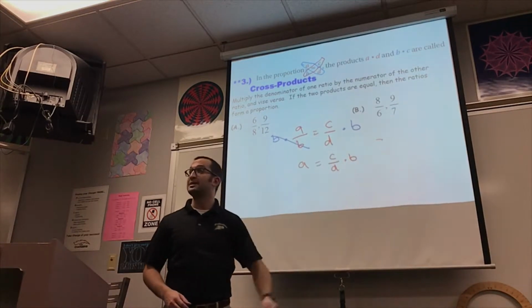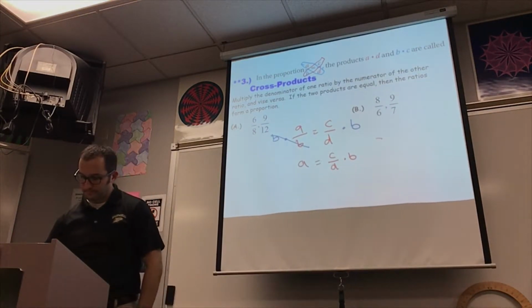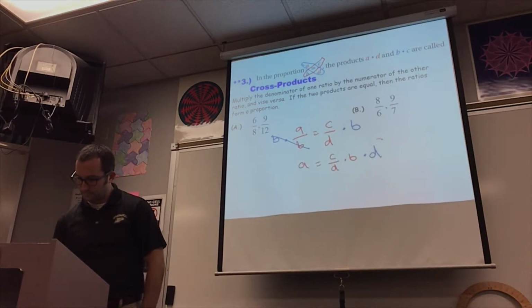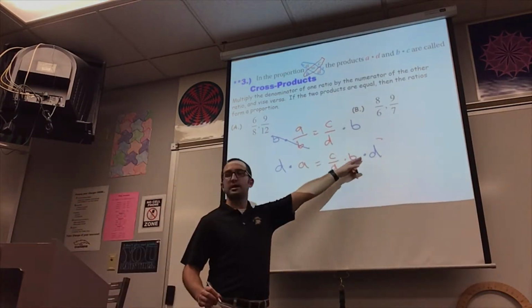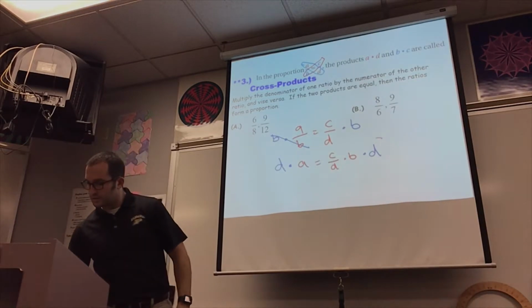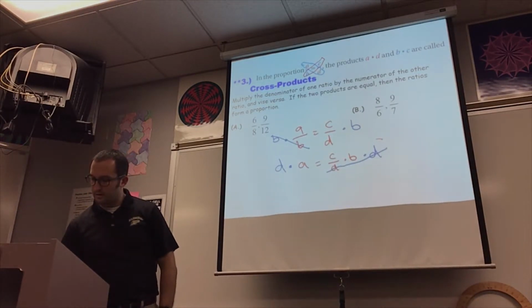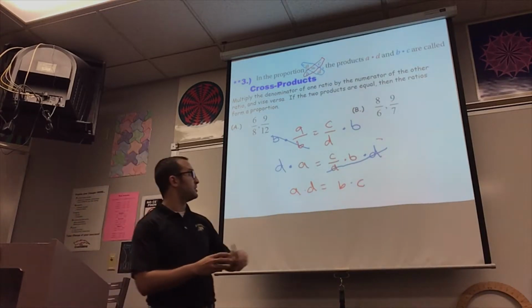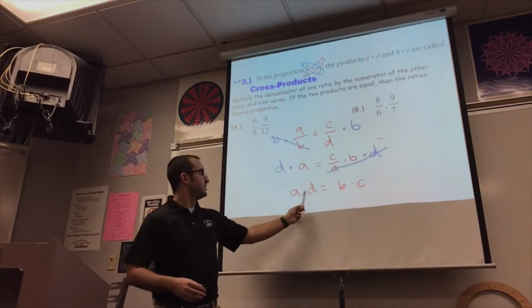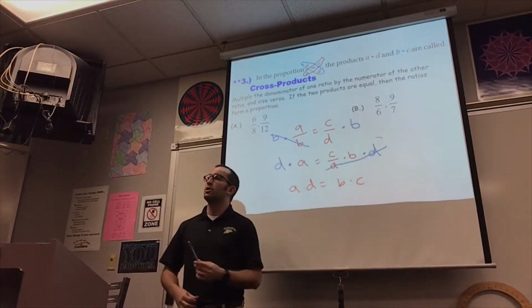Now I want to multiply both sides by D. What's going to happen on the right-hand side? The D's will cancel. And what am I left with? I'm left with A times D on the left-hand side and B times C. And I can write it in any order, right? So these are what we call cross products.